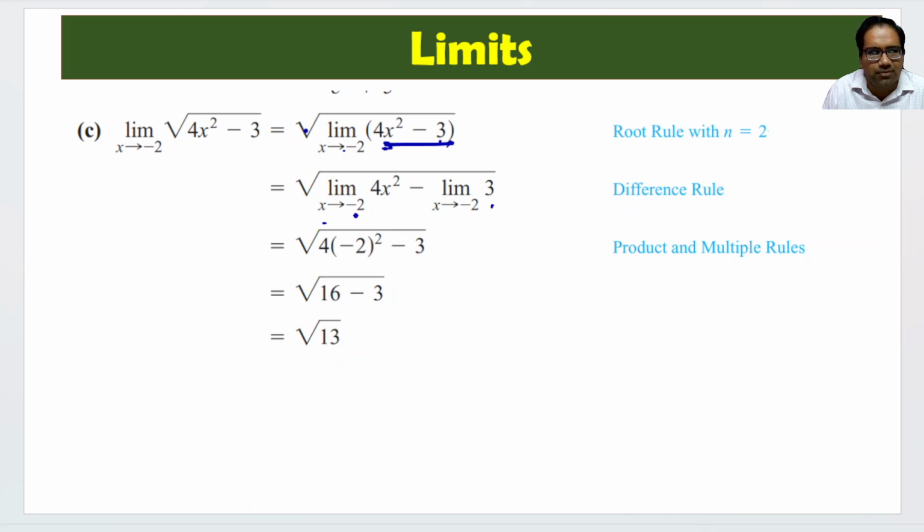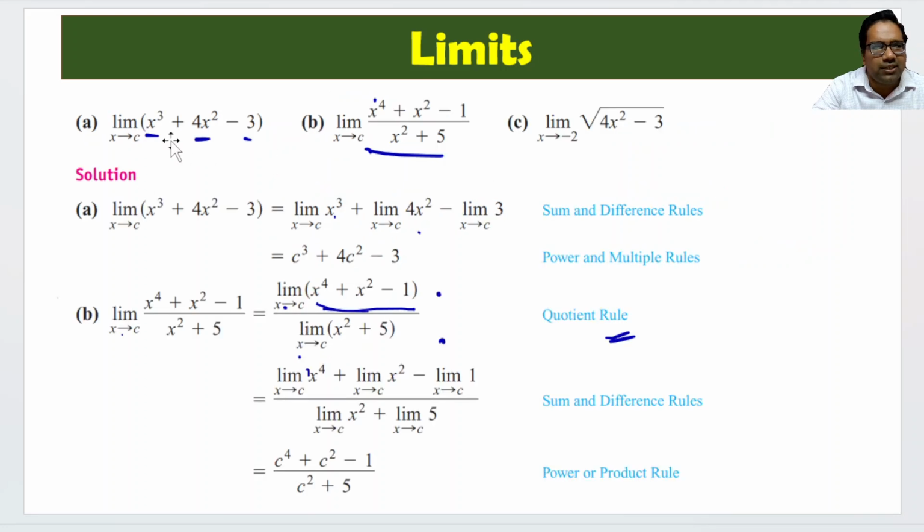Okay, x tends to minus 2 means we can directly substitute here. So 4 into minus 2 whole square minus 3. So this becomes root 13. Basically, what we are doing is, when x tends to c, we are just substituting the value of x in this expression.